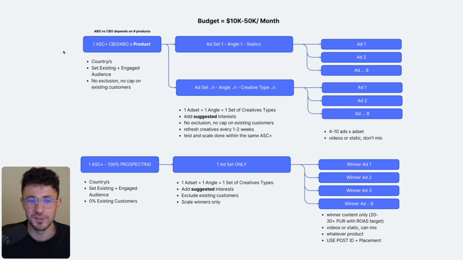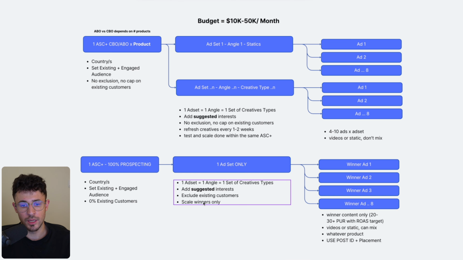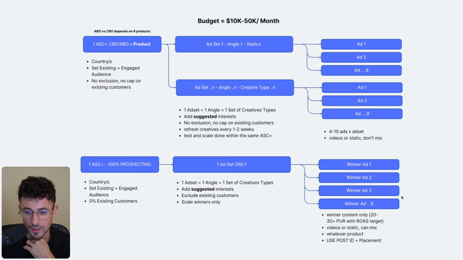So all the customers you've ever had in your business, one ad set only. And then you want to have all the winner creatives in here. So you can exclude existing customers, and again, scale winners only. You want to have all the winning ads. Ideally, you want to have 20 to 30 purchases for each ad before duplicating into this campaign. And this needs to be done with the ROAS target, of course. And then you can duplicate in here.